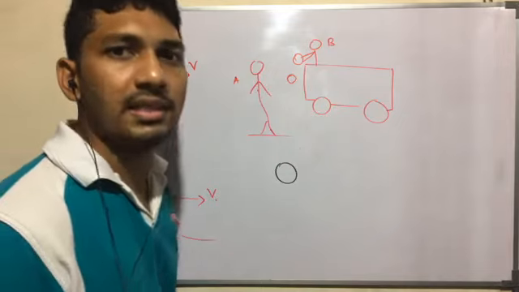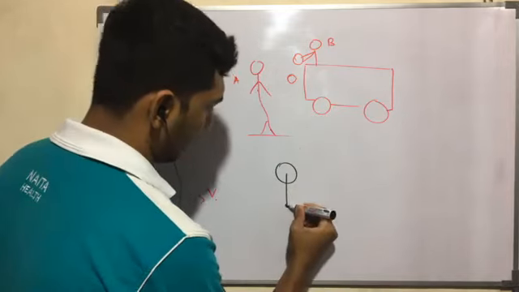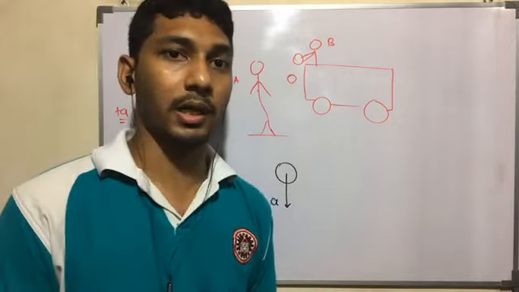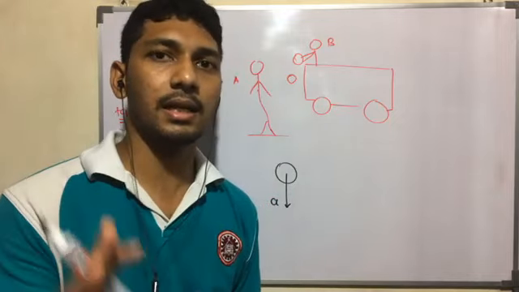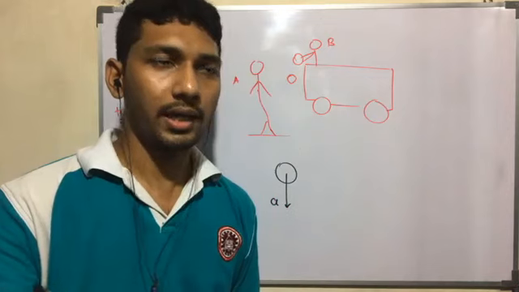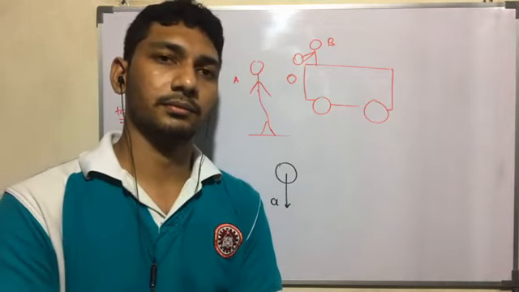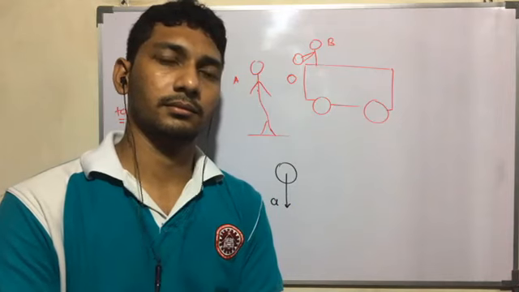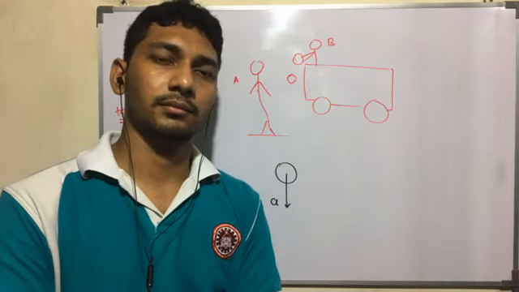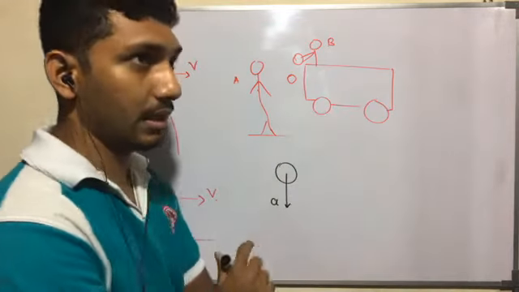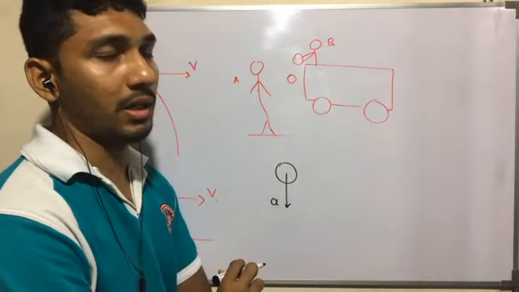So according to A, obviously there will be an acceleration on this side, right? Because gravity is always pulling downwards, so that acceleration is there. Is there anything else? This object was traveling with the trolley.